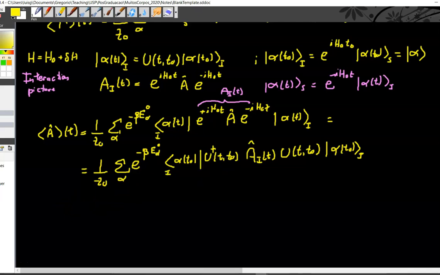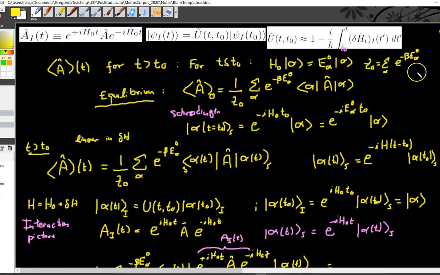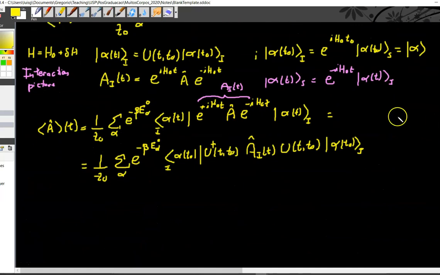Okay, so let's now expand this guy, and I'm going to use this. So this one is going to be 1 plus i integral dt prime delta H t prime, and this one is going to be 1 minus i integral dt prime delta H t prime.